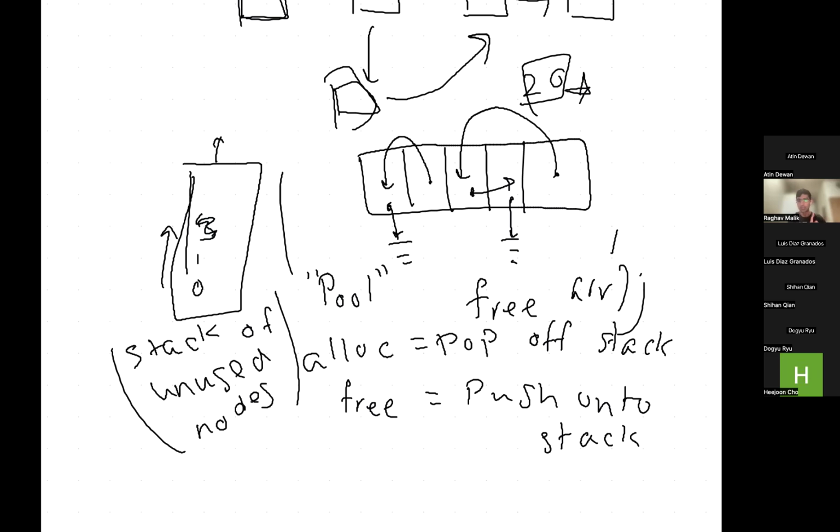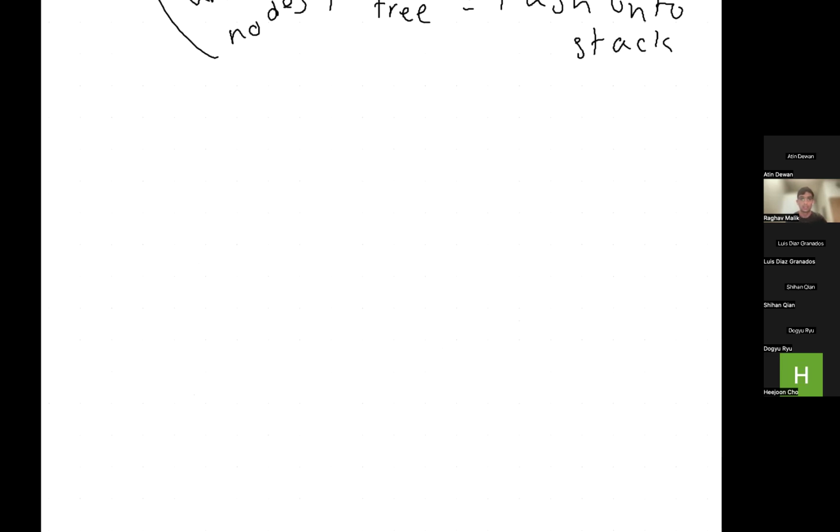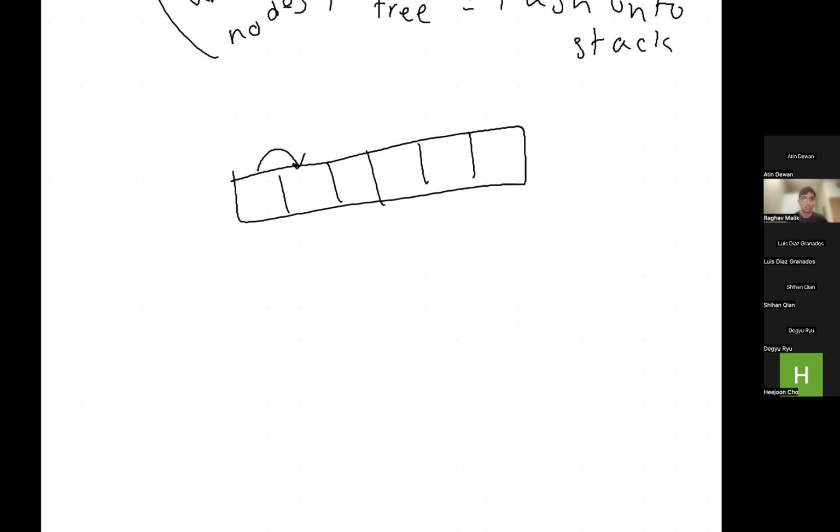because we can also implement a stack with a linked list, right? And so we can start with this linked list or this array representing, maybe let me move down to here and get some more space. So we can start with this linked list just representing all of the unused nodes as a stack, right?